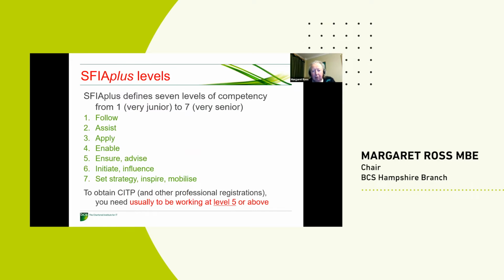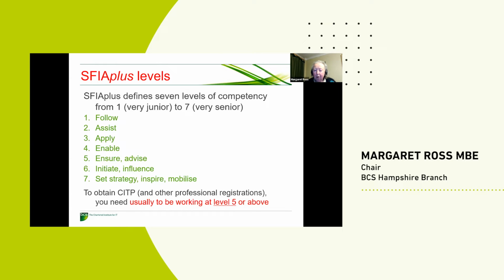Now, you'll notice that it's got 7 levels. Level 2 is probably somebody who goes into the industry with maybe A levels. At level 3, probably you've completed a degree but have no work experience. In other words, you can apply what you've learnt, but you normally have somebody looking over your shoulder.